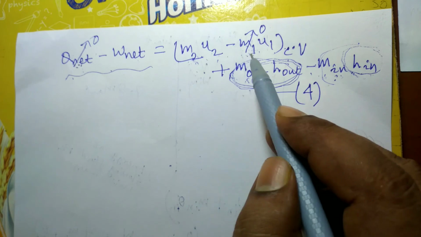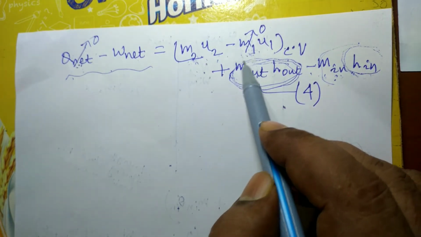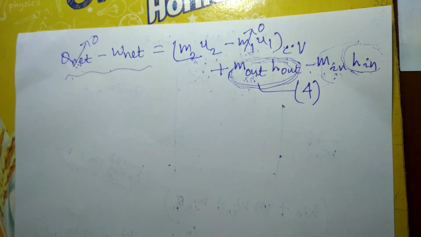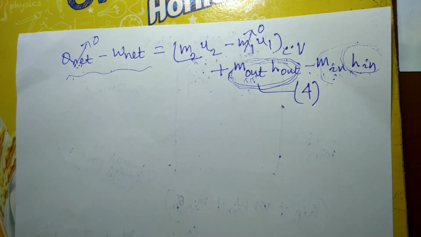If you apply a mass balance, there is no mass accumulation in steady flow, whereas here there is. So the difference is that in an unsteady flow process we have to keep track of the changes that occur to both the mass and energy content of the control volume, and apart from that, the energy interactions across the boundaries also have to be taken into account. That makes the analysis a bit complex, but if you understand it, the concept is very easy. So that's all.